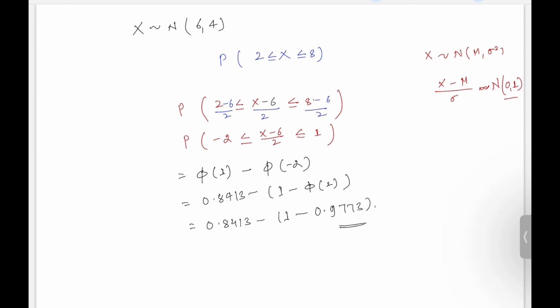In the next video we will look at examples. We will take whatever we have learned so far about the CDF and a few special kinds of random variables, the exponential and the normal random variable. We will take a few examples and solve them.